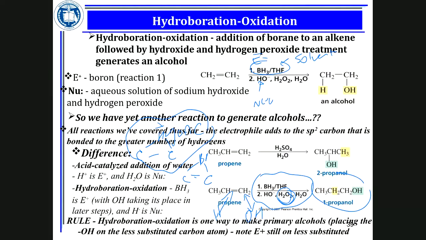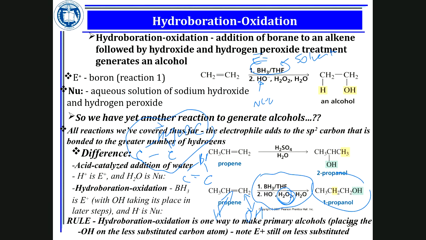The tetrahydrofuran has oxygen with pairs of unshared electrons, which can stabilize the BH3. So the BH3 THF combination is your starting material for this reaction. THF is not reacting, but it's holding the BH3 stable.